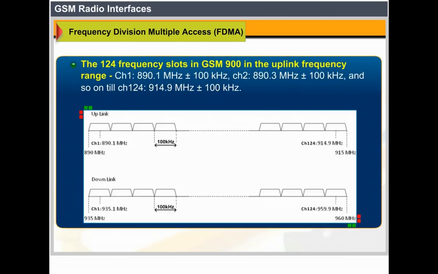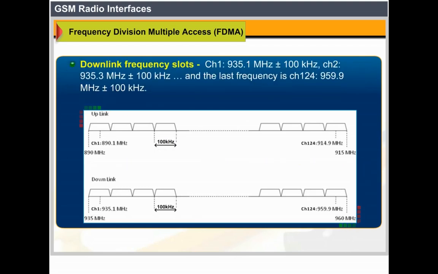The 124 frequency slots in GSM 900 in the uplink frequency range: channel 1 890.1 MHz plus or minus 100 kHz, CH2 890.3 MHz plus or minus 100 kHz and so on till CH124 914.9 MHz plus or minus 100 kHz.